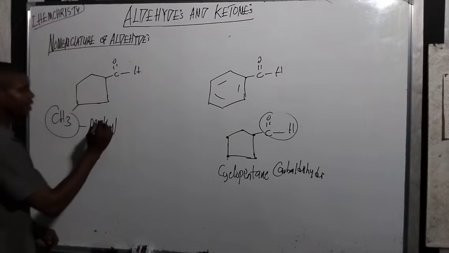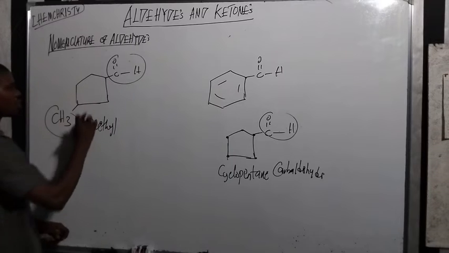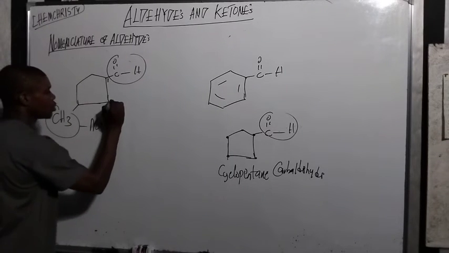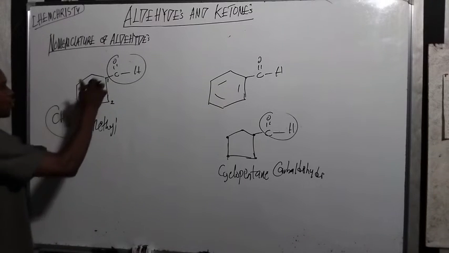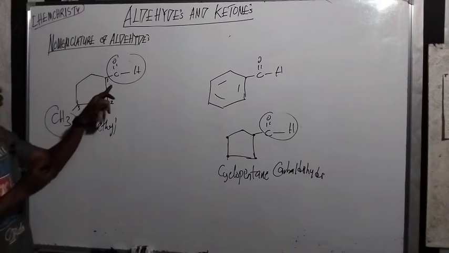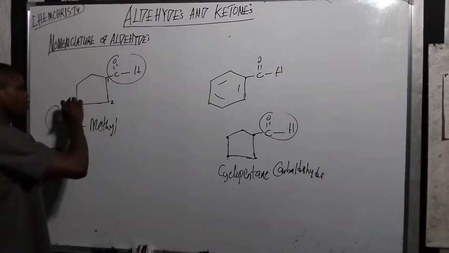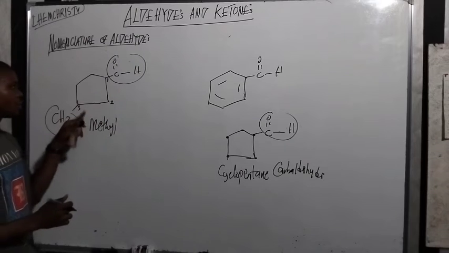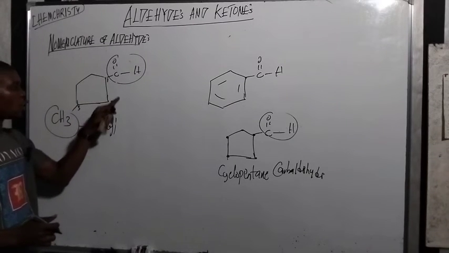And this one you're seeing here is a carbonyl, on a cyclopentane. So here goes my carbonyl, carbon 1, and the methyl is on carbon number 3. I can start counting from either direction, 1, 2, 3, or 1, 2, 3, 4. So we give the lowest number.